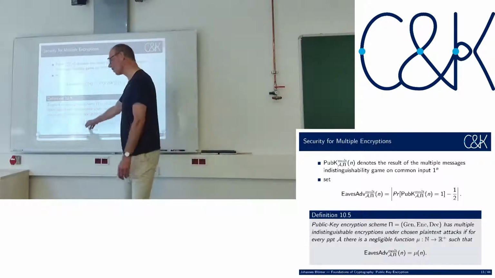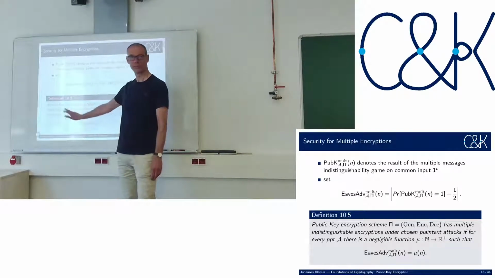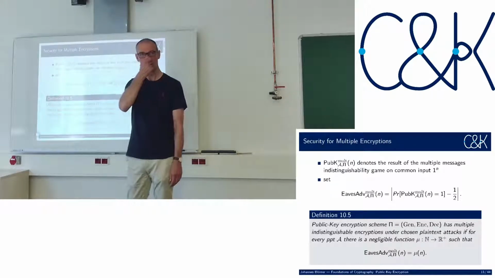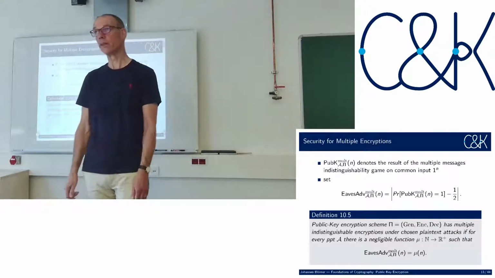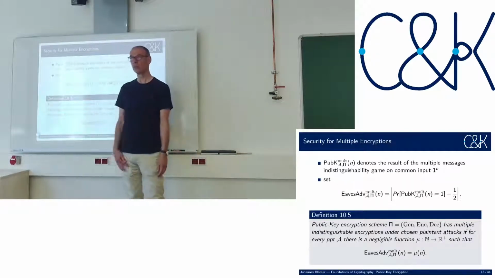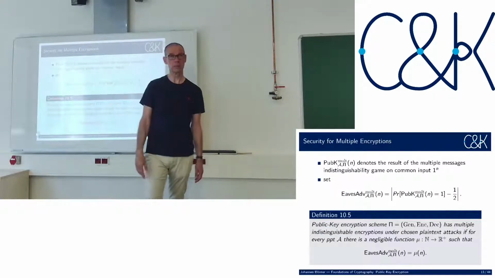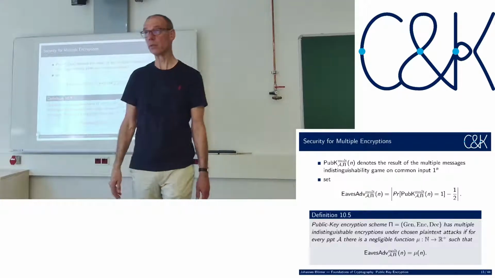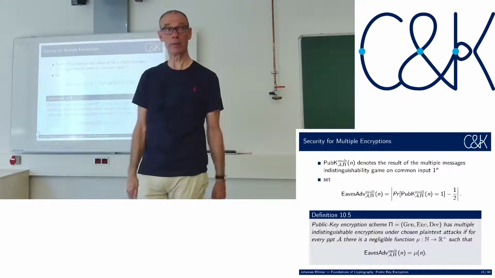Here I wrote eaves in front; I could have also written CPA, it doesn't matter. I usually write just eaves, although I talk about the CPA setting. Don't worry about it, it's all the same anyway.